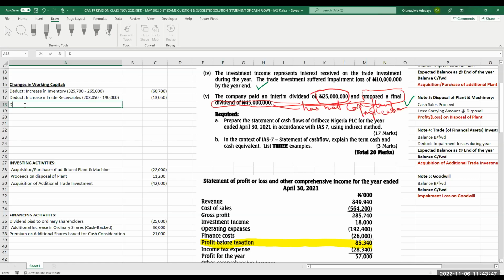I'll also deduct the decrease in trade payables from 350,200 to 260,500, because I paid more money to my creditors.